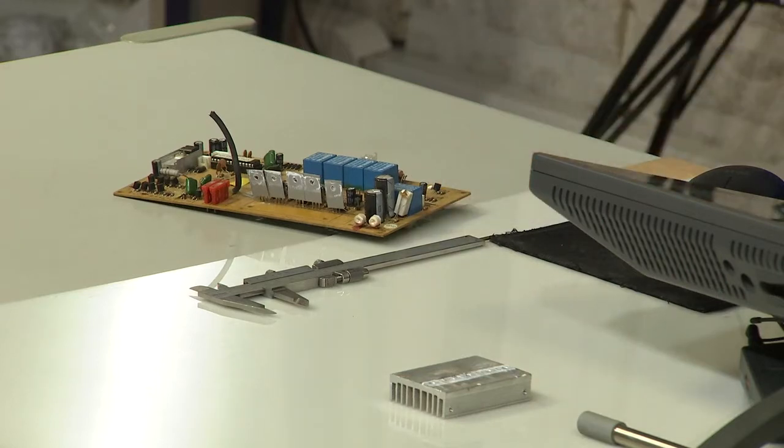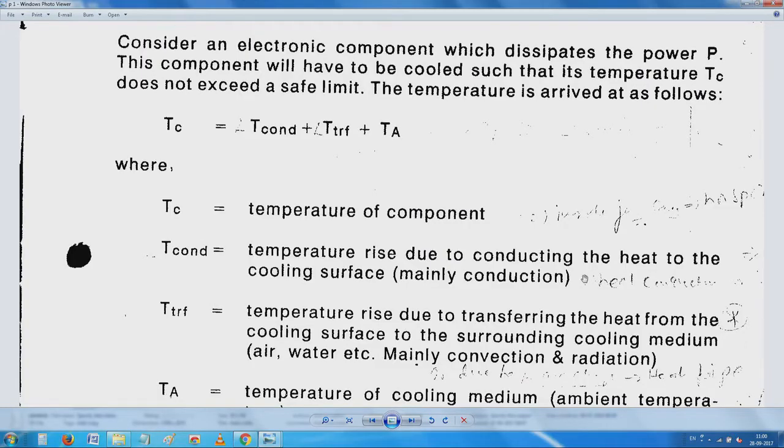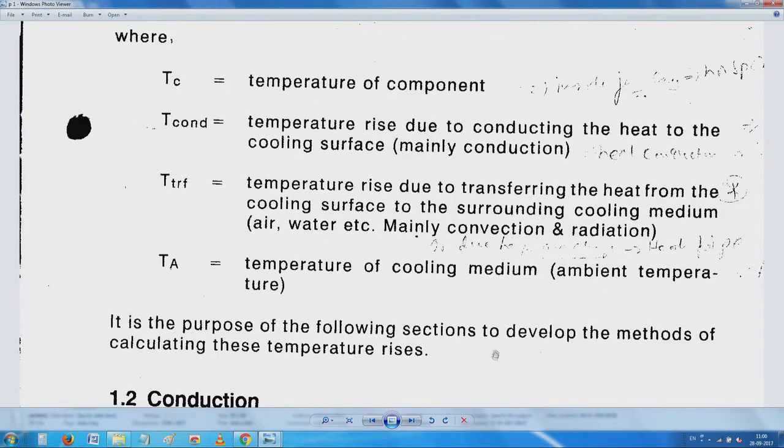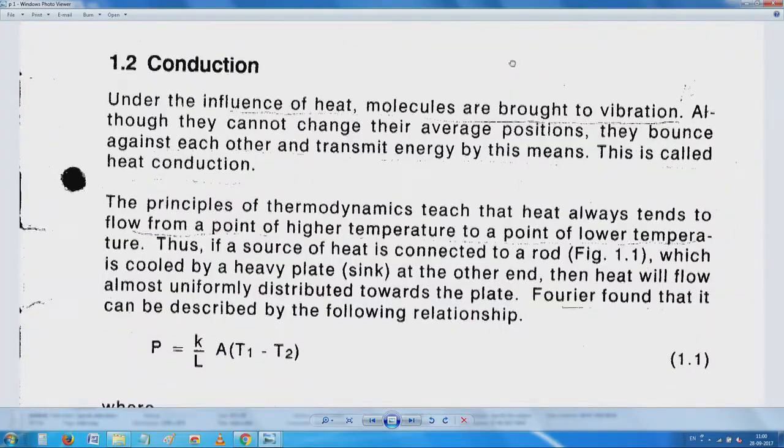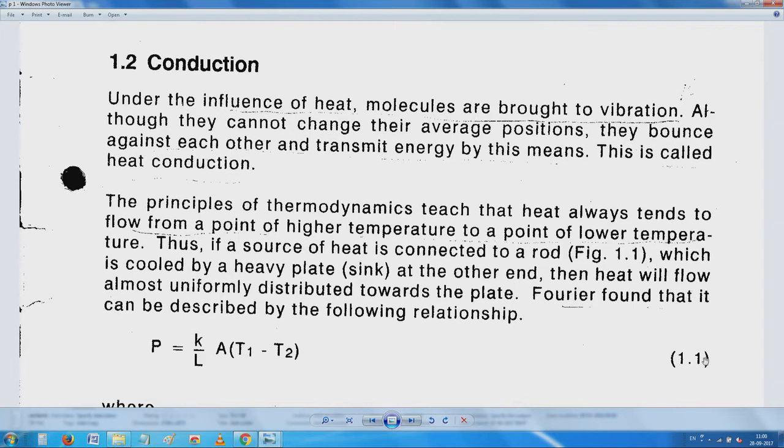So my notes talk here about the temperature rise due to conducting the heat to the cooling surface, and then the temperature rise due to transferring the heat from the cooling surface to the surrounding cooling medium, mainly by convection and occasionally by radiation. I will just scroll it up a little. The purpose of the following is to develop methods of calculating the typical temperature rise.